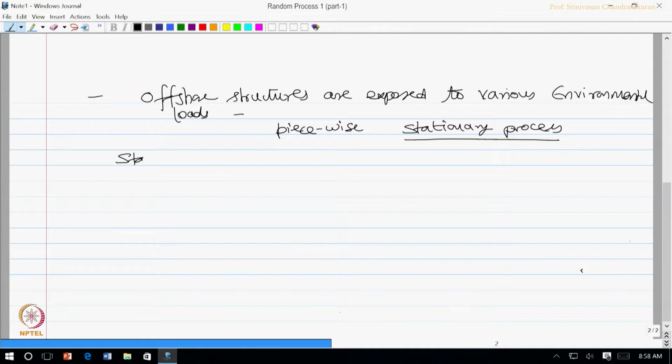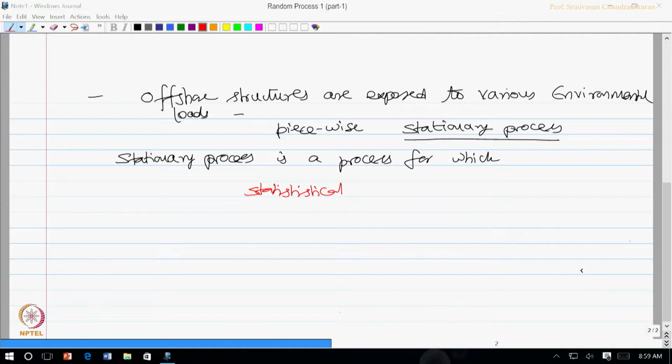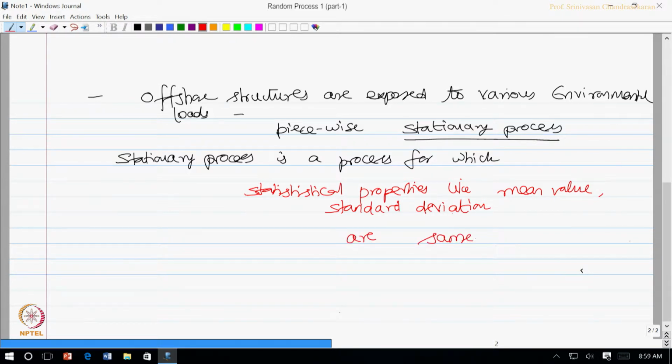A stationary process is a process for which the statistical properties like, for example, mean value, standard deviation, are same for all points in both time and position.